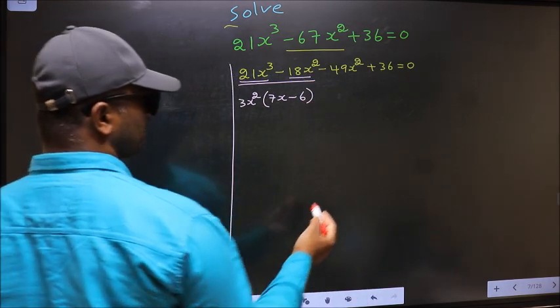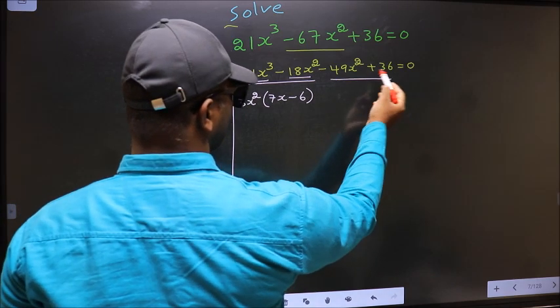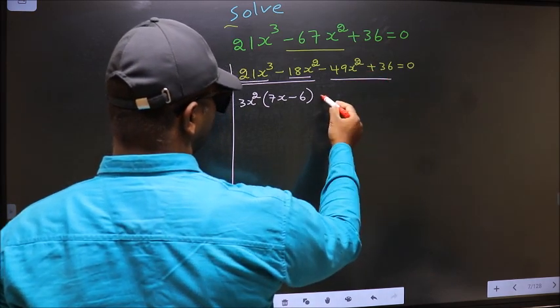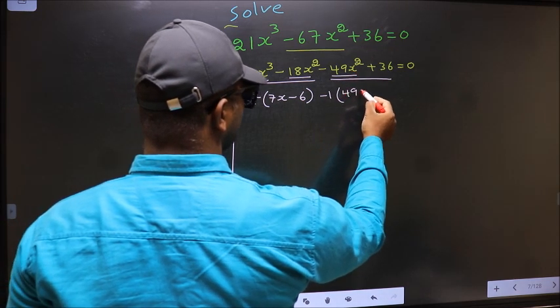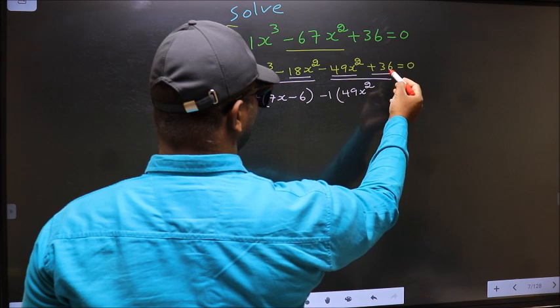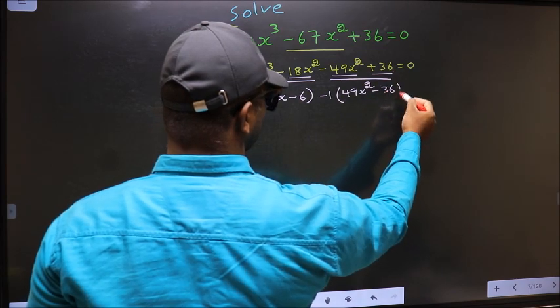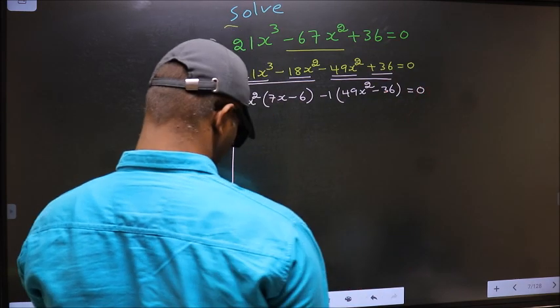In the same way, what can be taken out common from these two terms is minus 1. Here you get 49x square and here you get minus 36 equal to 0.